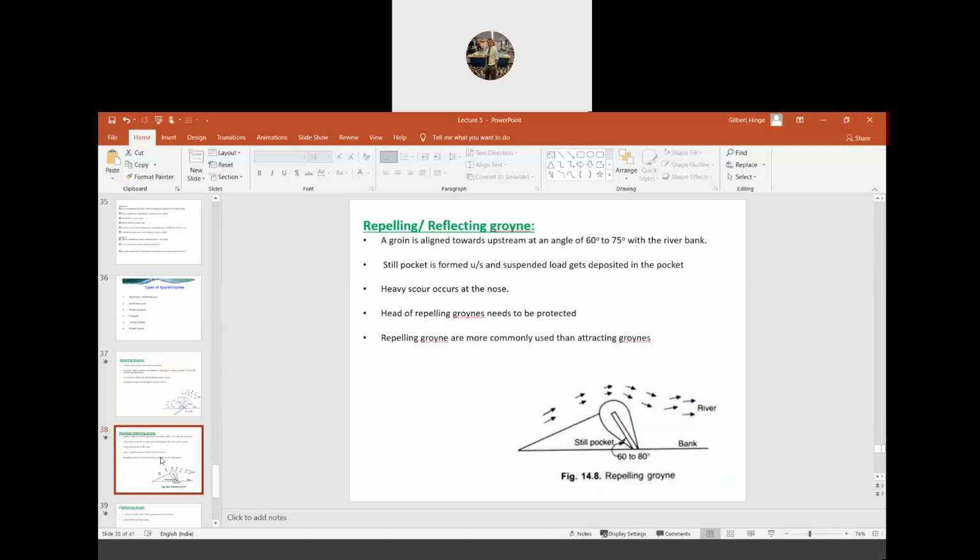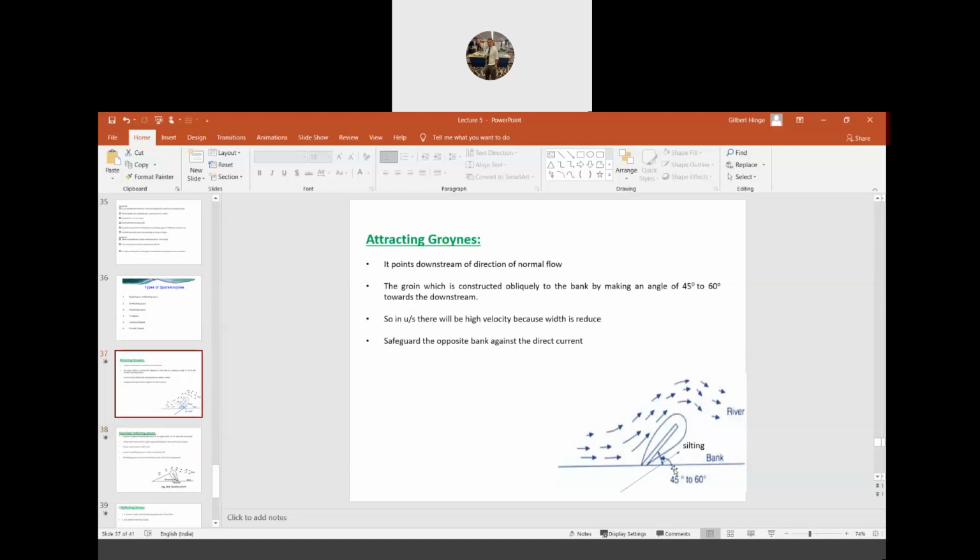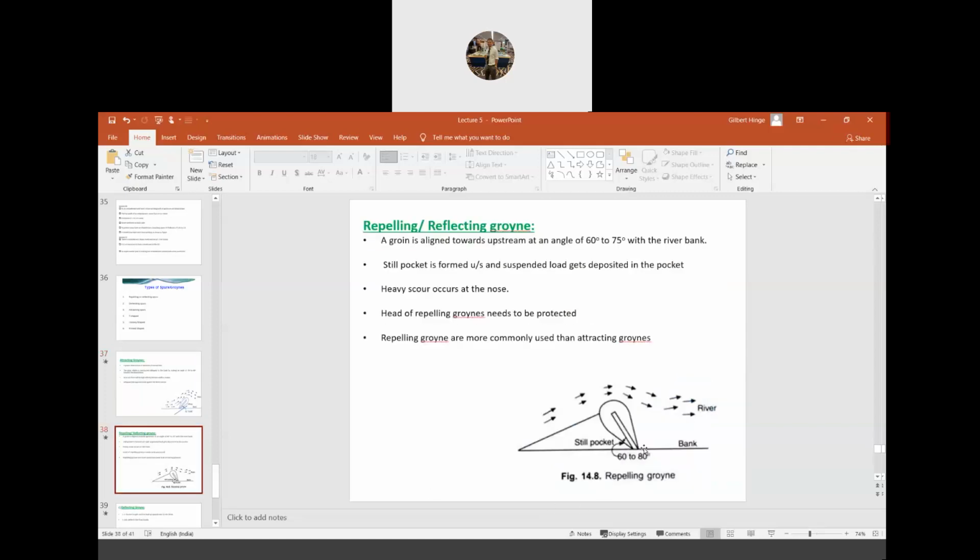The second type of groins or spurs is called a repelling groin. See here, we are projecting like this at an angle of between 45 to 60 degrees. Here we provide it like this at an angle of 60 to 80 degrees. Here should be 80 degrees.